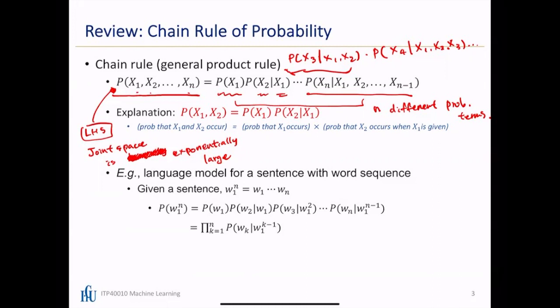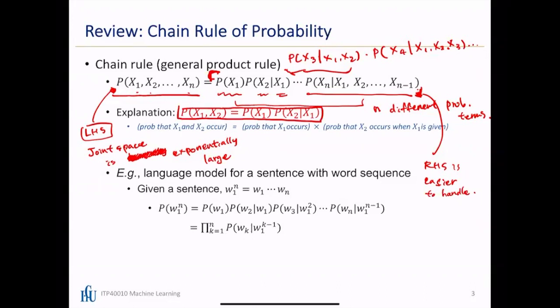But if you decompose things into multiple probability terms, the right-hand side is easier to handle. Although we have a long expansion of n different variables, the basic principle that I applied on the first expansion is given here.